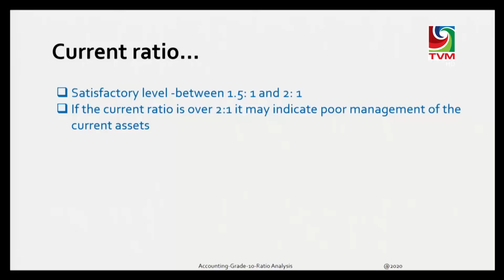At the same time, if the current ratio is over 2:1, it may indicate poor management of the current assets. It means the business might be having more cash in the bank, so they can use this money to expand the business instead of keeping money in the bank.